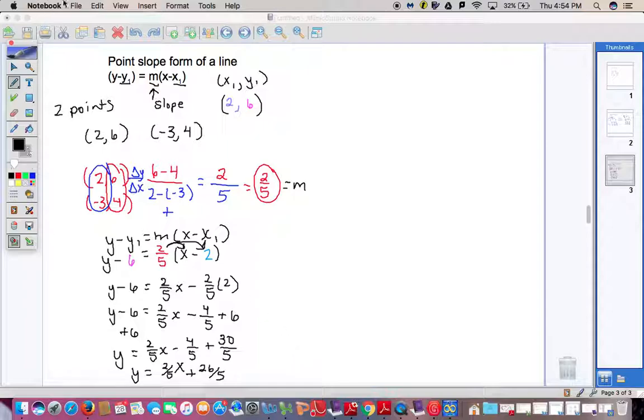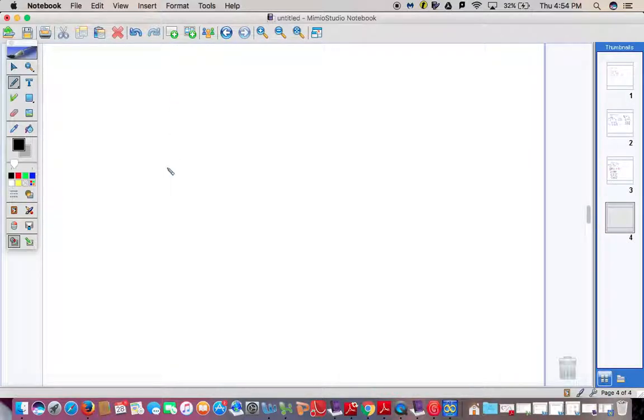Okay, let's try another one if we have time. Let's try to make this a fast one. Okay, what if I say I would like you to write an equation of a line that is parallel to y equals 1/2 x plus 4 that goes through the point 2, 6.